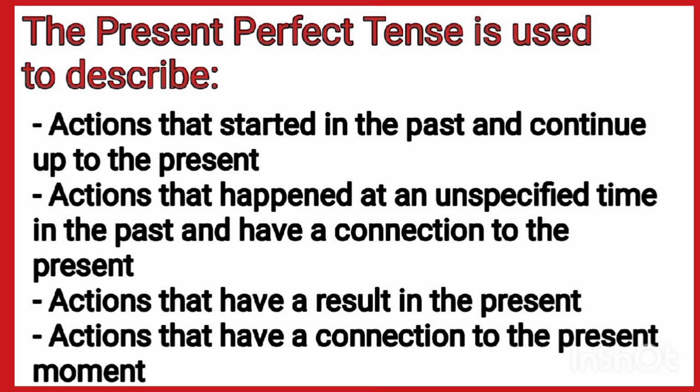Keep in mind that in the present perfect tense, the past and present must have a connection with each other. Something started in the past, continues to the present, or it may have stopped.